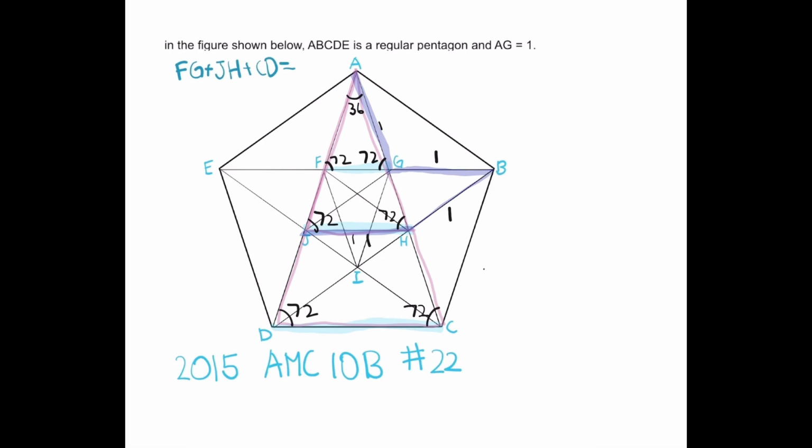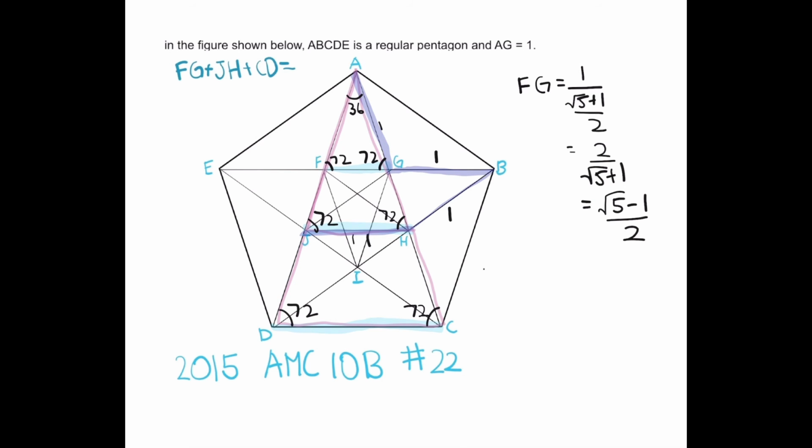So FG equals AG over phi. So FG would equal 1 over (square root of 5 plus 1) over 2, or 2 over (square root of 5 plus 1), which is (square root of 5 minus 1) over 2.